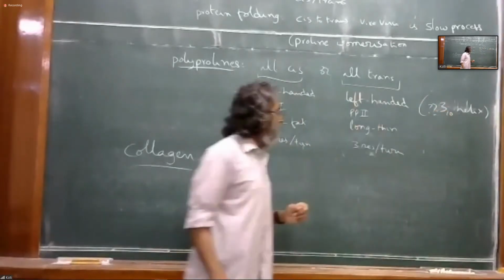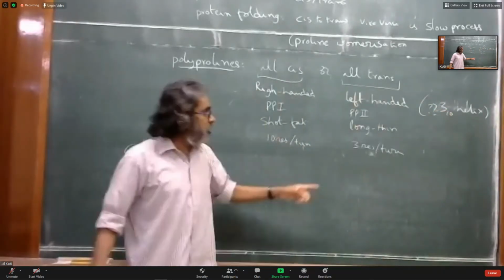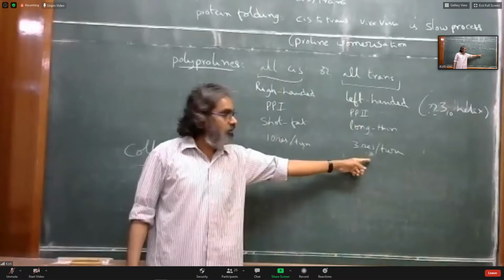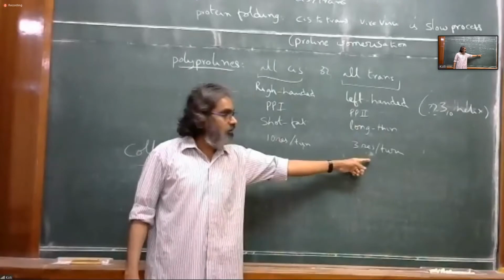Okay, because it's 3 residues per turn, right? But this is different from 3-10 helix because in 3-10 helix you have phi and psi falling on certain regions on the Ramachandran plot, right? That's because of dihedrals around C-alpha, but the peptide bond is in trans.